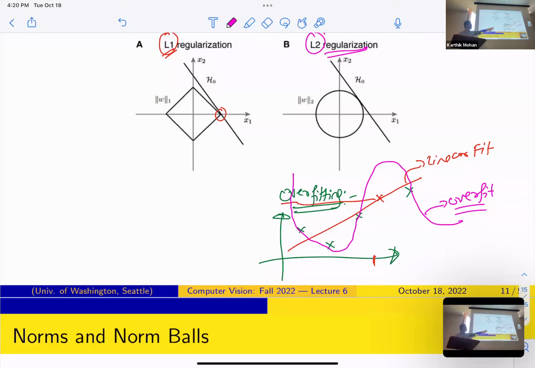If you want to mathematically describe this kind of curve, you would need many more parameters, right? It would be a polynomial of a high degree. Whereas this linear fit is a polynomial of what degree? Degree 1. It's a simple linear fit. So this is a high degree polynomial.